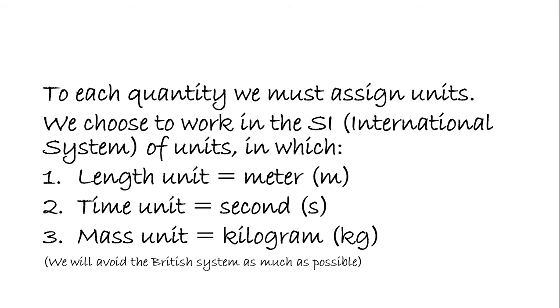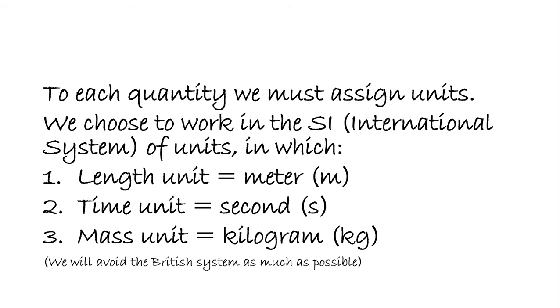So to give you an example, if we talk about length or distance, in the British system we have the inches, and then we have 12 inches in a foot, but we have 3 feet in a yard. And if I remember correctly, we have roughly 1,670 yards in a mile, or 5,280 feet, but it doesn't matter.